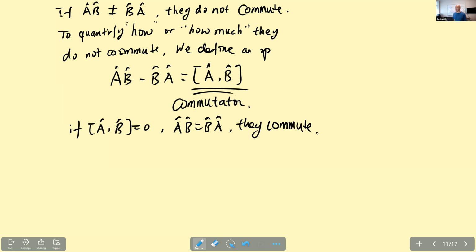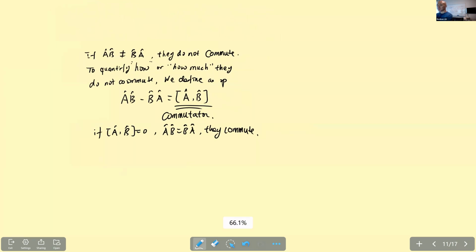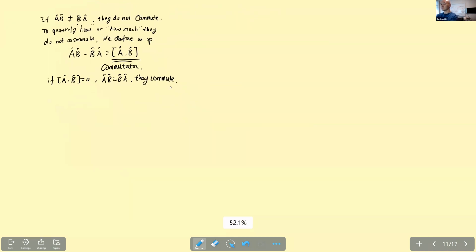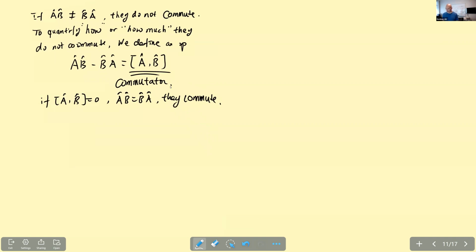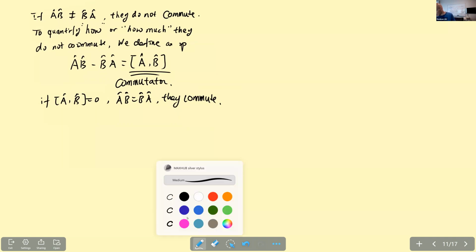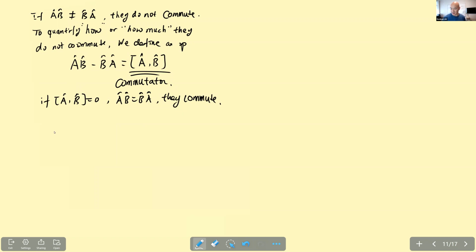Right. So that's the important thing about these operators in quantum mechanics. Let's look at the example for X and the P again. We had these results.